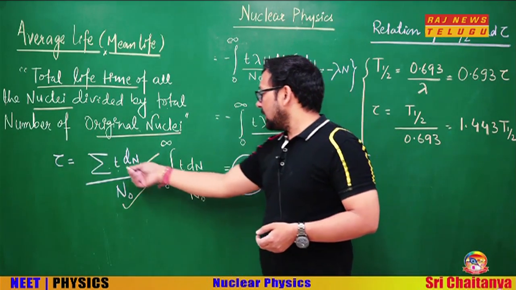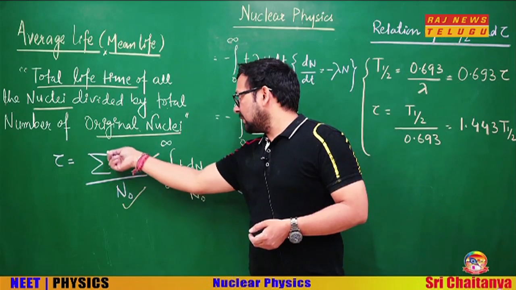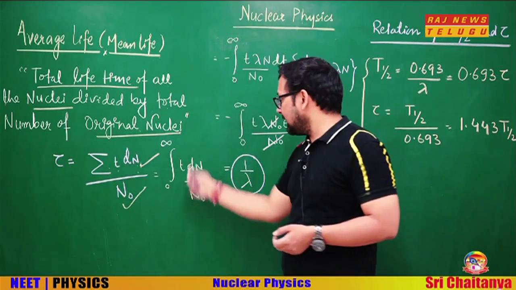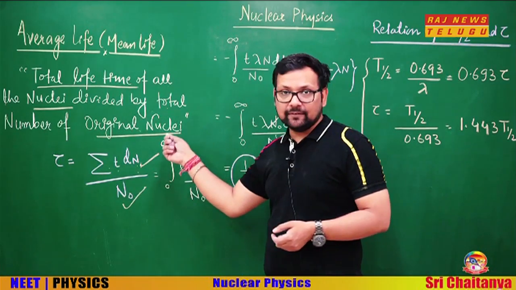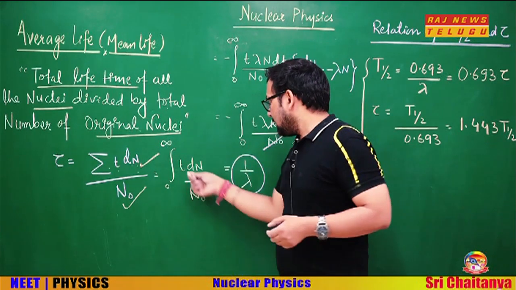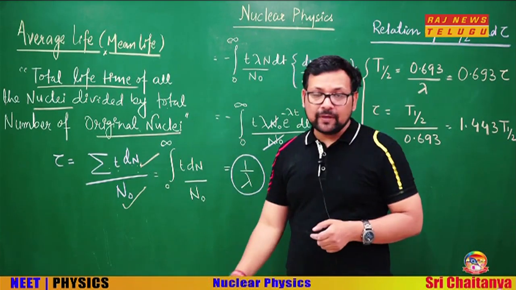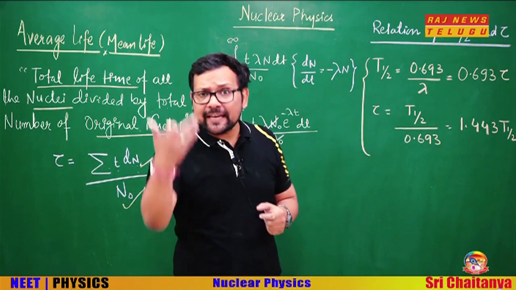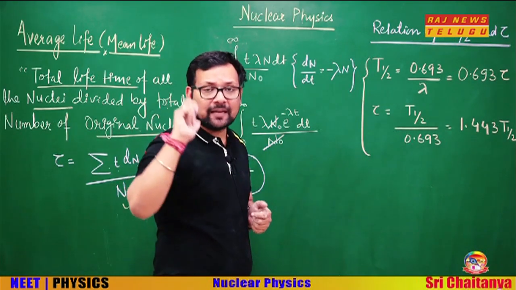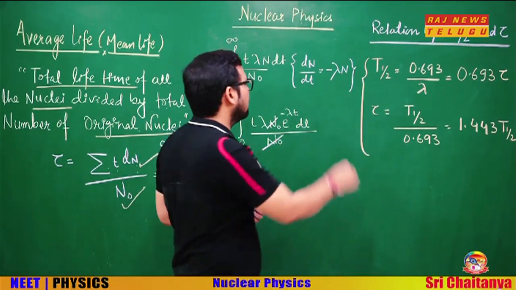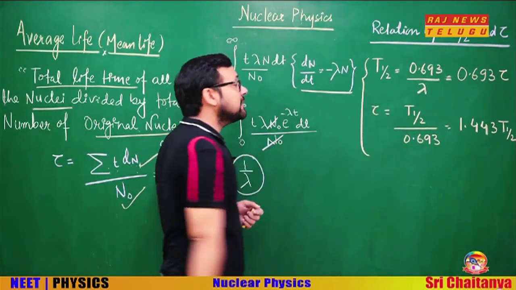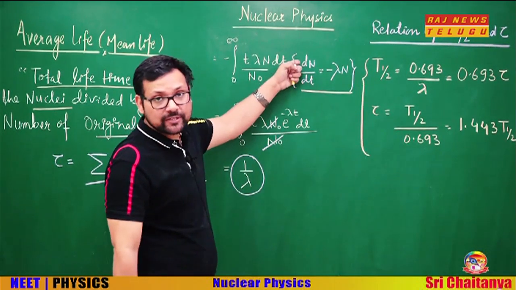Now, since this is differential, in place of summation we write integration from 0 to infinity of t dN upon N naught. But what is dN? dN by dt is minus lambda N, the law of radioactive decay. So what is dN, students?